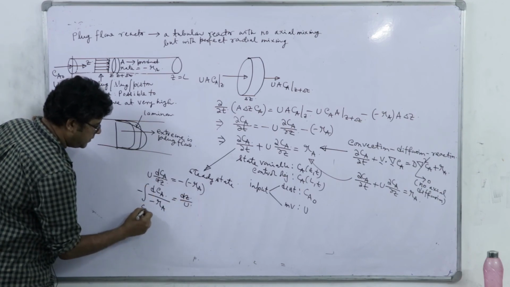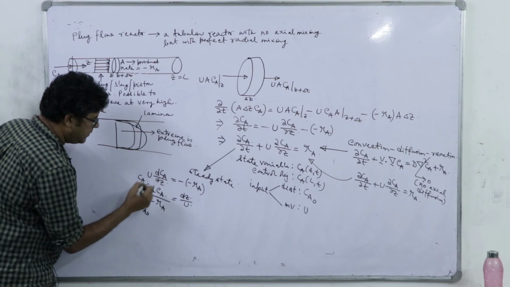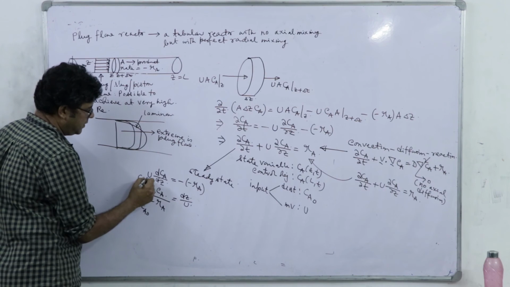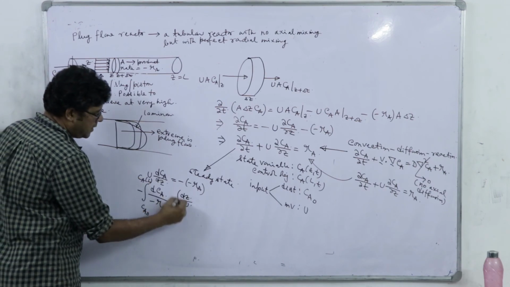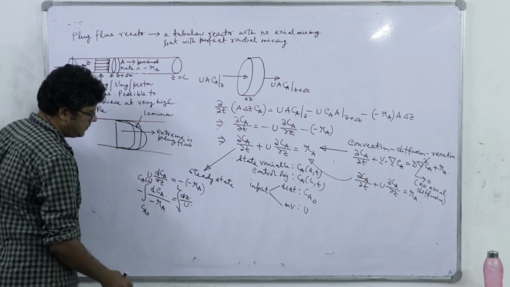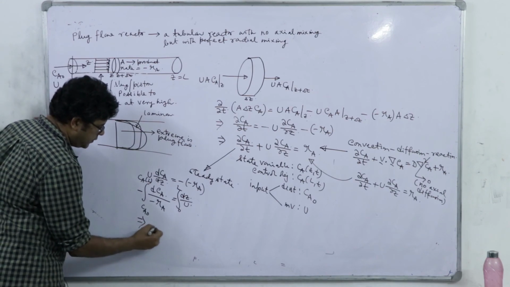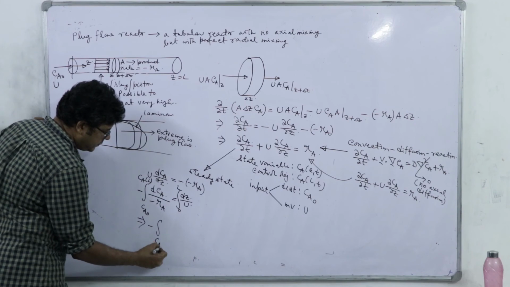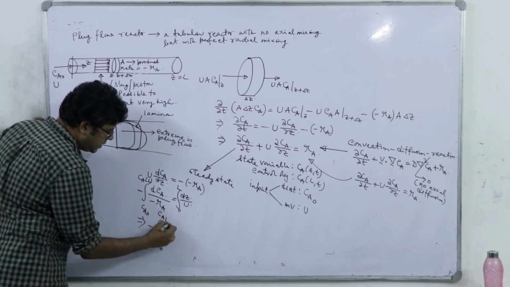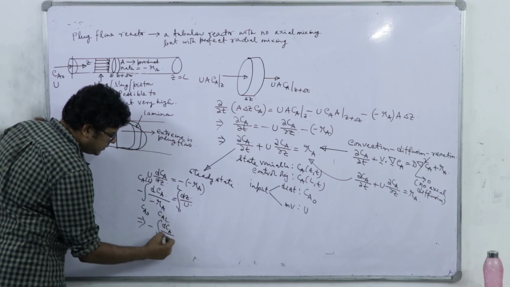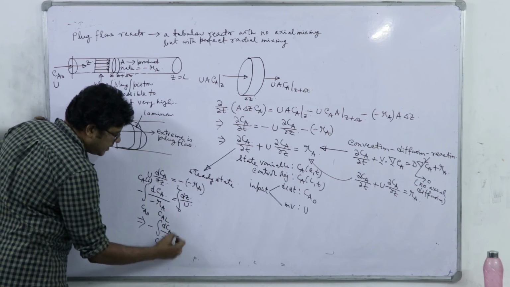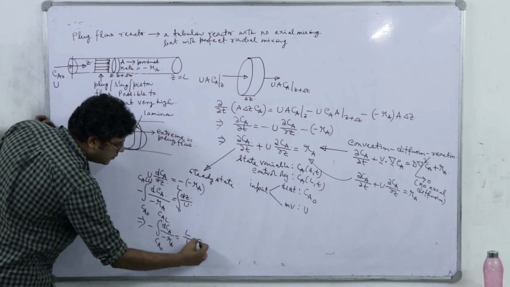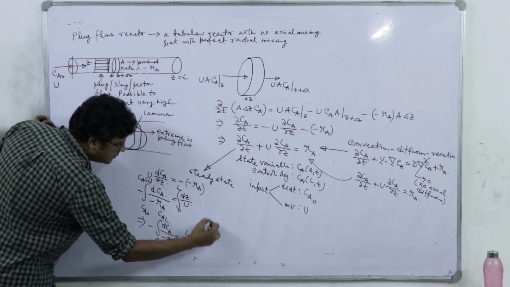You integrate it from CA0 to CA at the outlet, CAL, and the right side from 0 to L. So it is minus of the integral from CA0 to CAL of dCA by minus RA, and that's equal to L by u, which is the space time of this PFR.